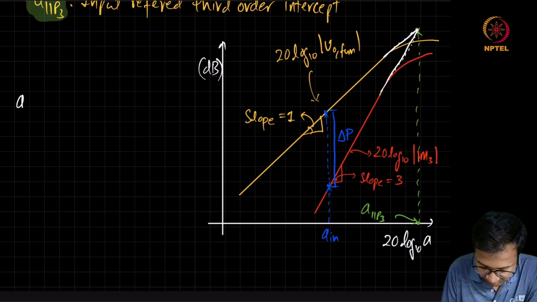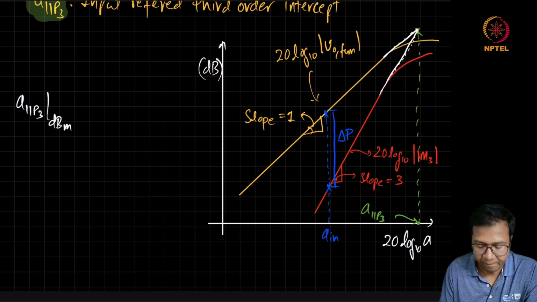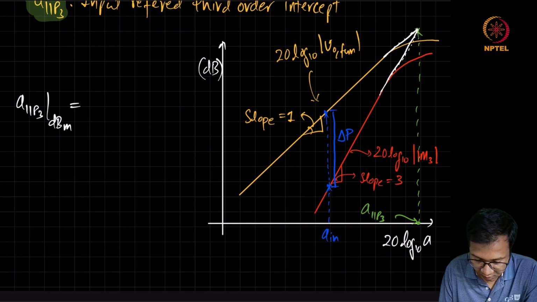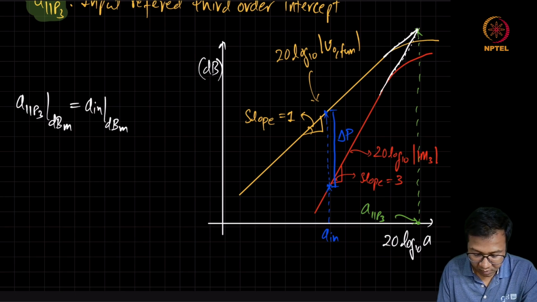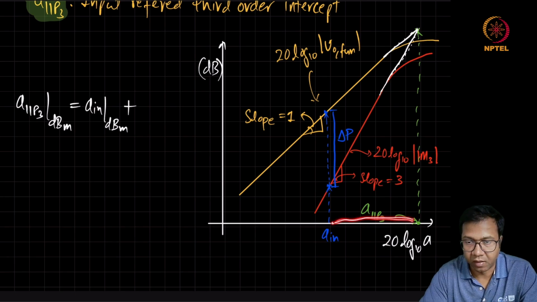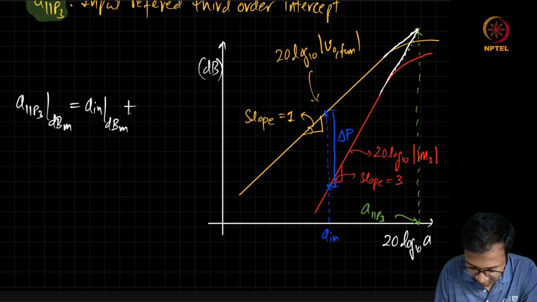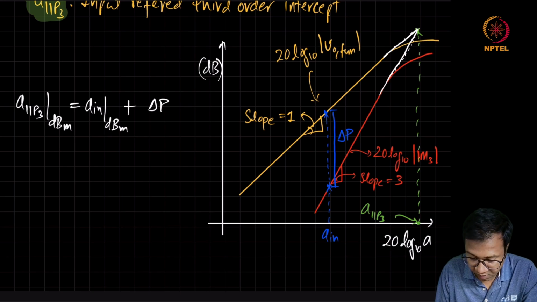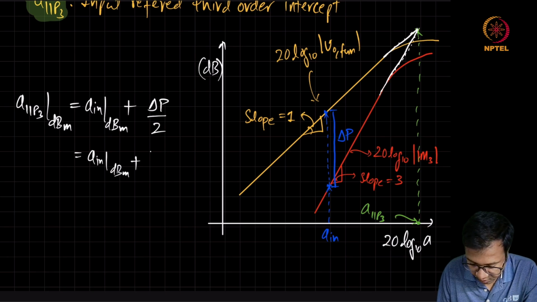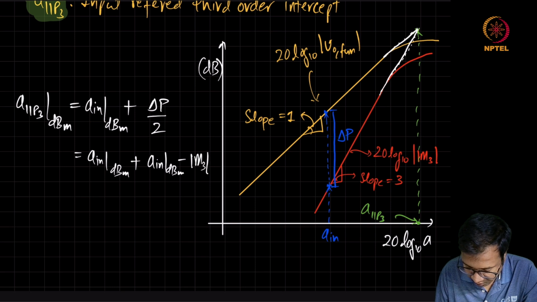So it means if we know this delta P, we can directly say that AIIP3 in dBm is equal to A in dBm plus this extra input distance which is needed to make this delta P 0, which is nothing but delta P in dB divided by 2, also equal to A in dBm plus delta P in dB by 2.